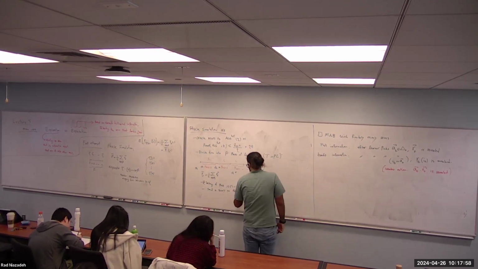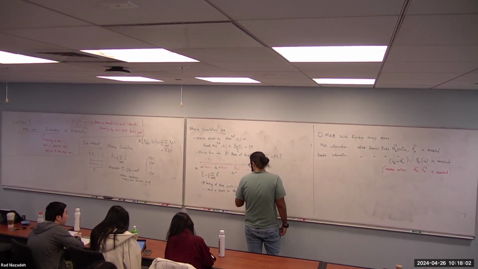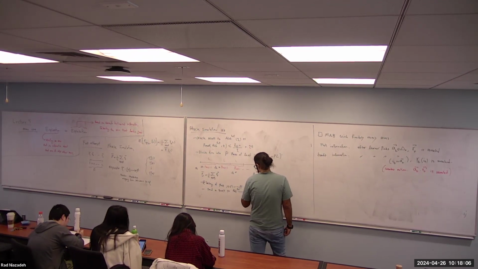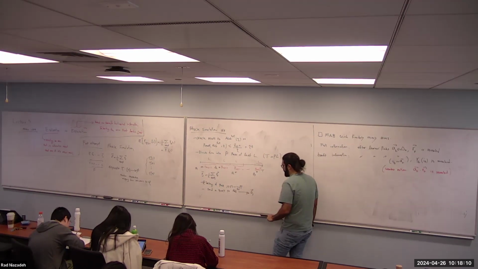And let's say this algorithm returns a strategy, a distribution over n arms, let's call that A j hat, and this is basically a vector.